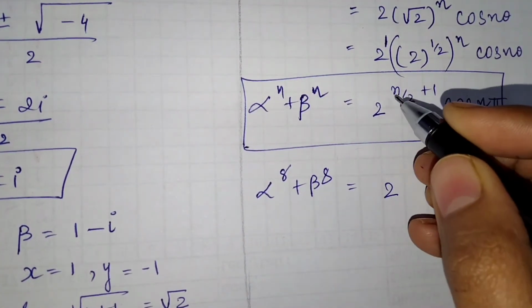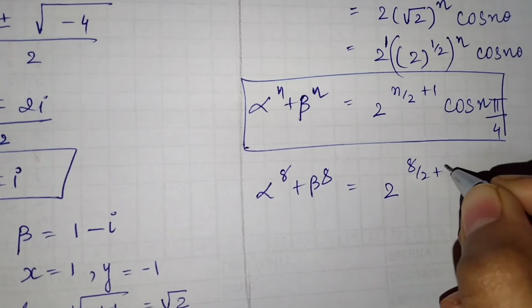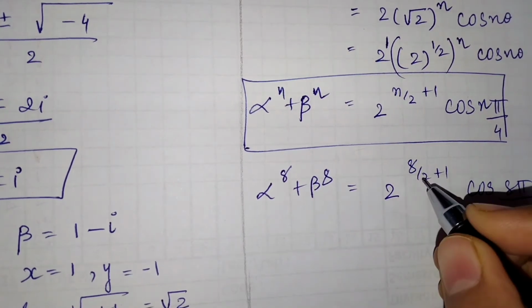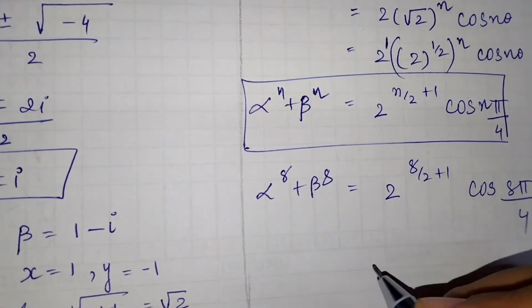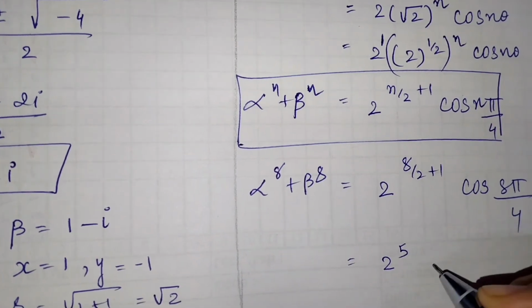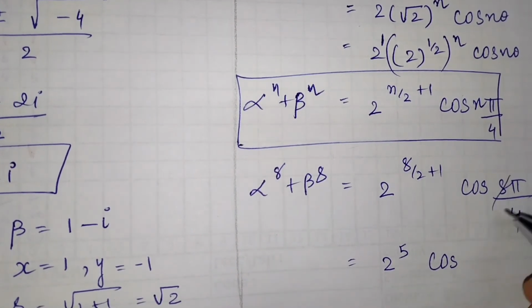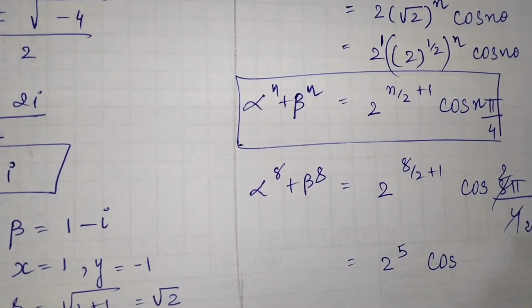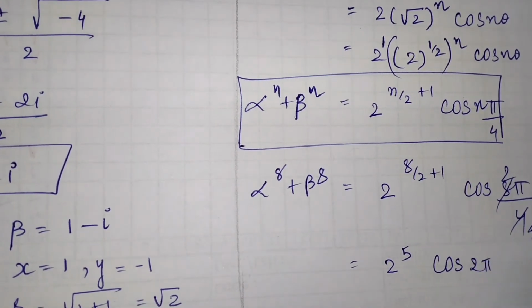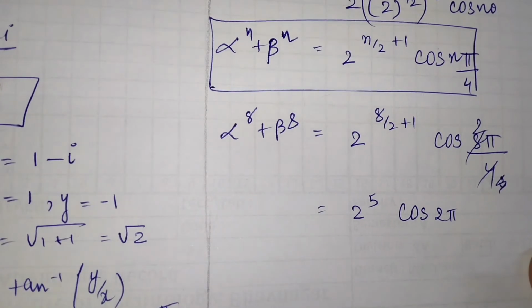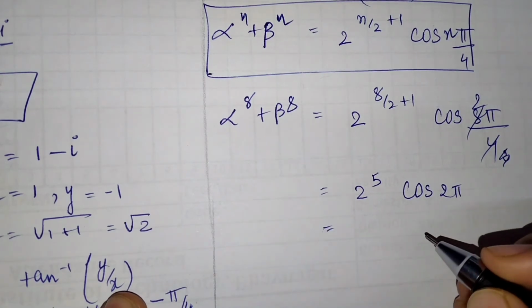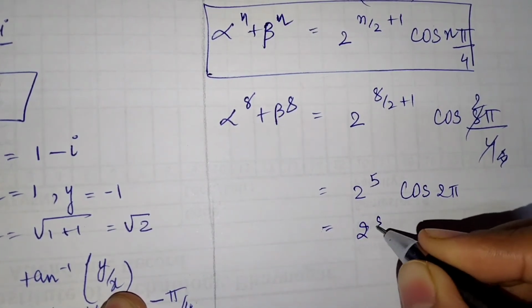So what is our n? n is 8. So 8 by 2 plus 1, cos 8 pi by 4. Here it will be 4 plus 1, that is 2 raised to 5. And here it will be cos 2 pi. So 2 raised to 5 into cos 2 pi is equivalent to 2 raised to 5.